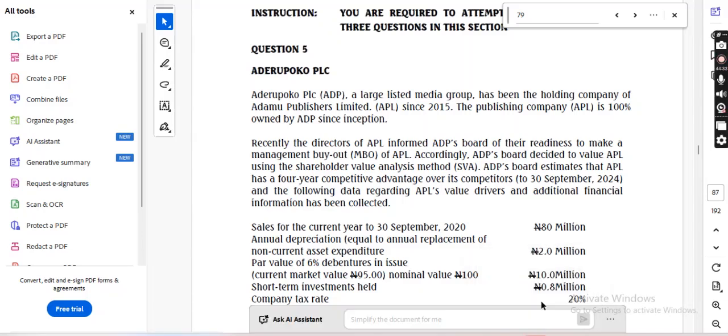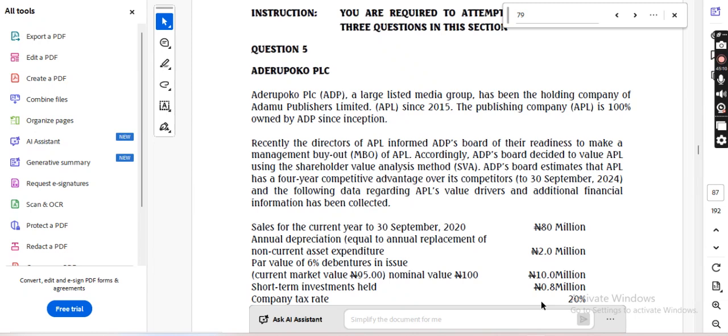Now you can see the management of APL now inform the board that okay, we are ready to make a management buyout, which means that APL will form part of ADP, but maybe different shareholders, right?